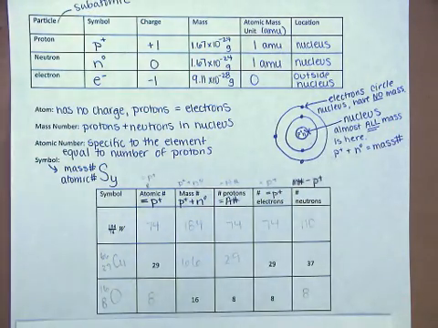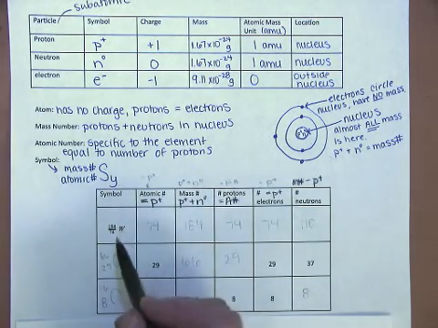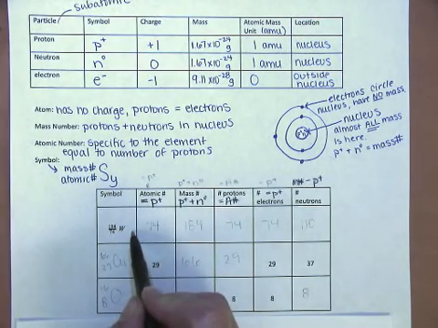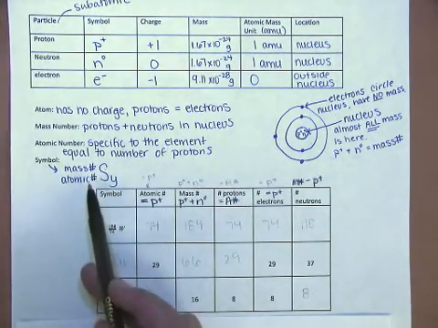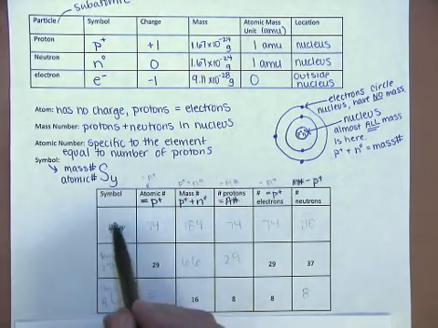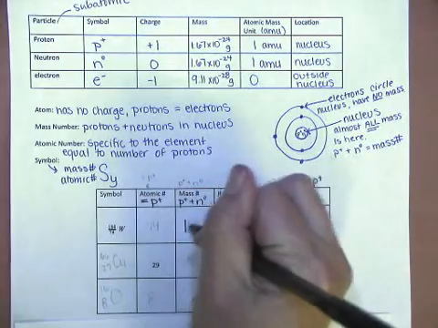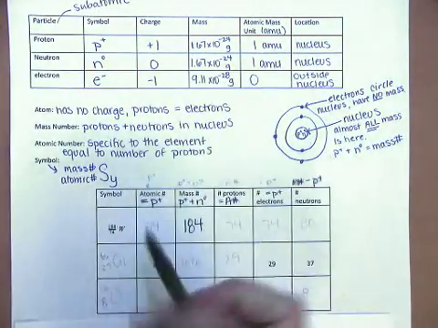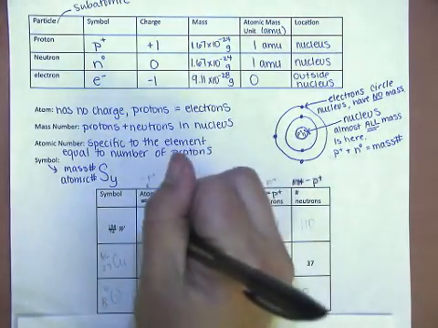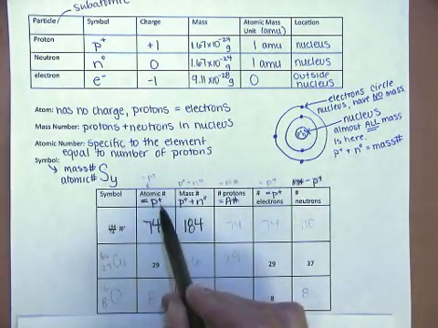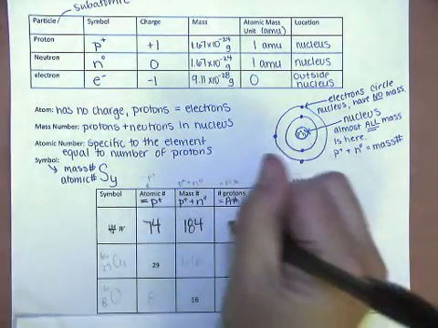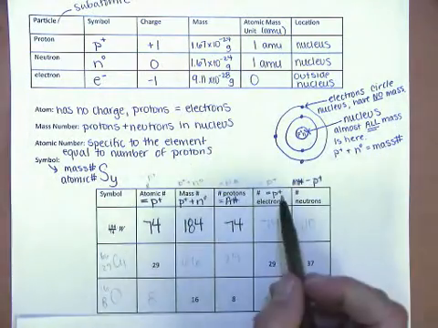So let's work through the first example together. I have 184 74 W. When I write this, I put my mass number over my atomic number. So my mass number must be 184, and my atomic number must be 74. Atomic number is equal to my number of protons, so I can fill out my protons of 74.